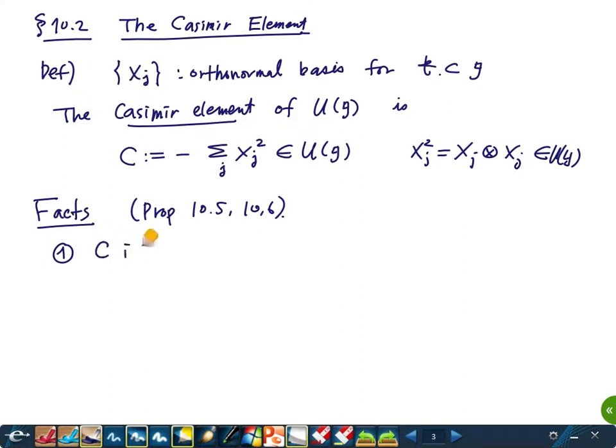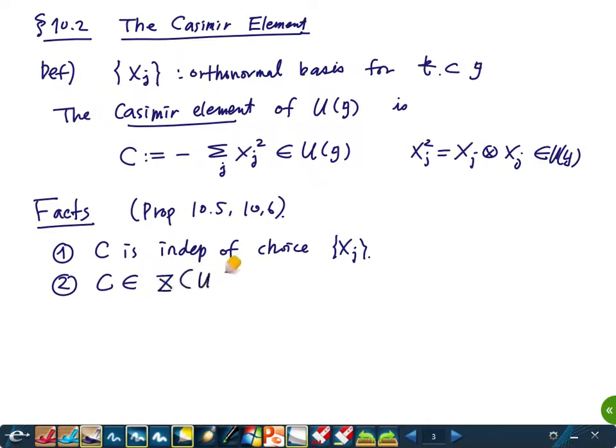The C is independent of the choice of your orthonormal basis. No matter what orthonormal basis you choose, you can define it using this formula, but they'll always be the same. And second, C commutes with every element there. So it's in the center of UG, meaning that it commutes with all elements here.